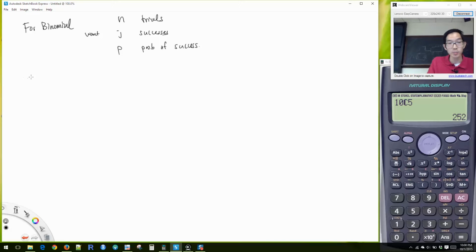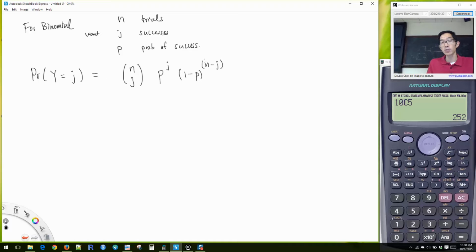So then the probability that Y is going to take on the value j is going to be equal to n choose j, which is the number of sequences that are allowed, times the probability p raised to the j, times 1 minus p, which is the probability of failure, raised to the n minus j.